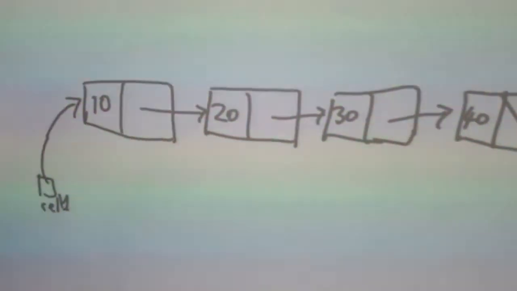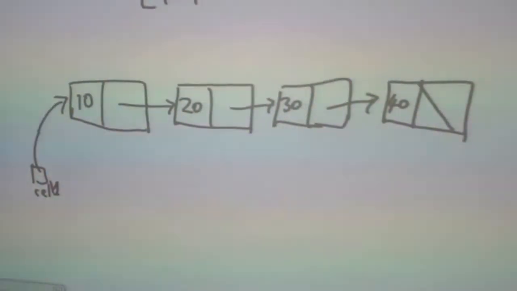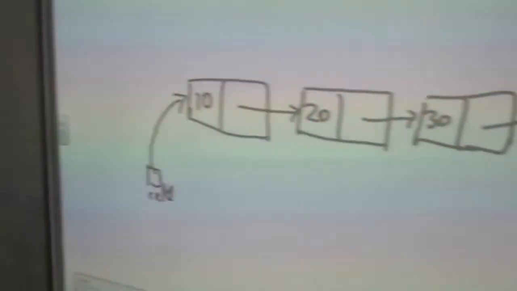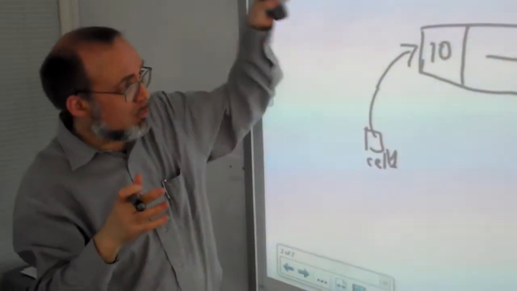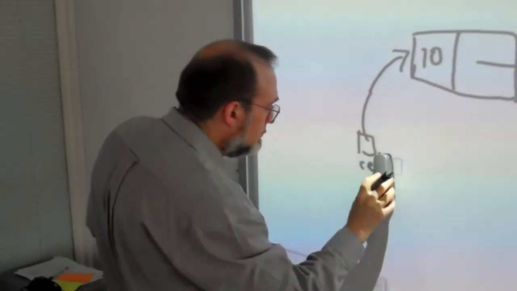Now that's the linked list which represents the array list, but as I said previously, you need to distinguish between this internal representation and the array representation.